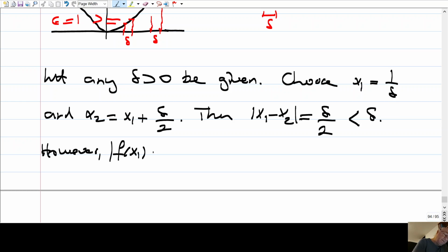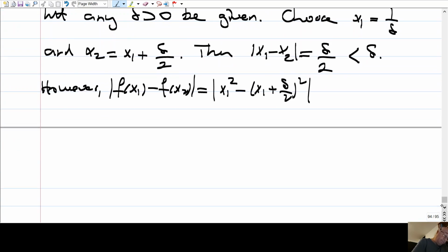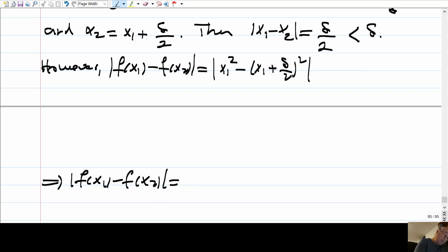However, f of x1 minus f of x2 is how much? This is x1 squared minus x2 squared.